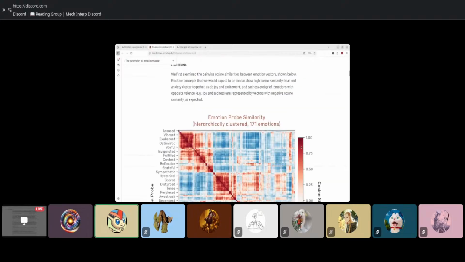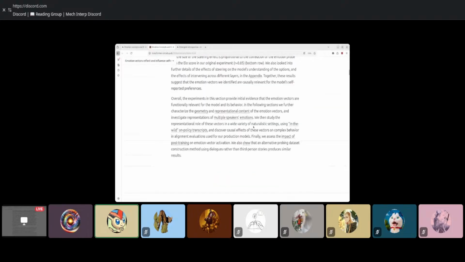But anyway, here they say something interesting I want to see. They do the geometry that we already saw. They investigate representation of multiple speaker emotions, which is interesting. We'll see that later.